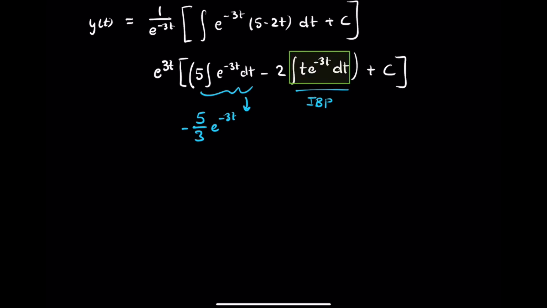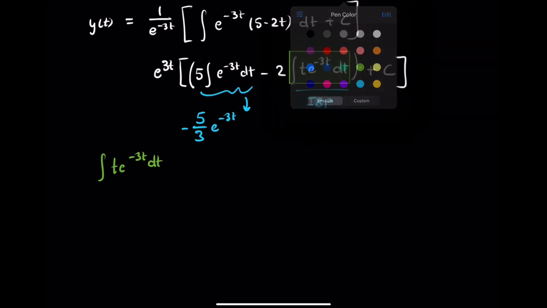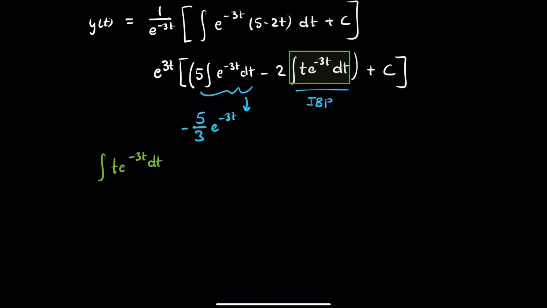So let's quickly do integration by parts. Recall, for those of you who've forgotten, it's the integral of u dv equals uv minus the integral of v du.